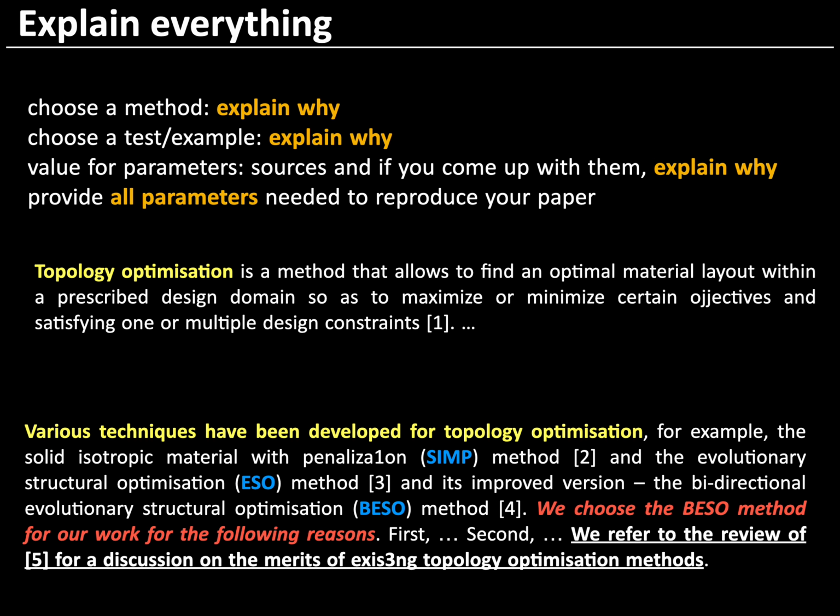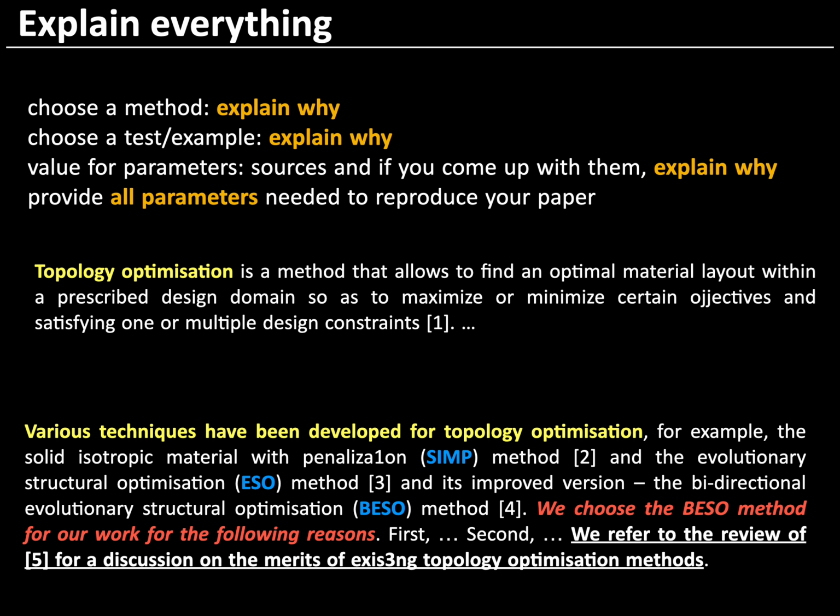So I give you an example here to demonstrate explaining everything. Topology optimization is a method that allows blah blah blah. This sentence is to introduce topology optimization.